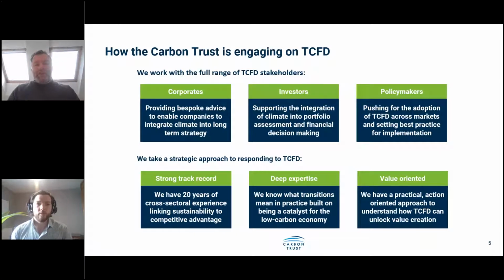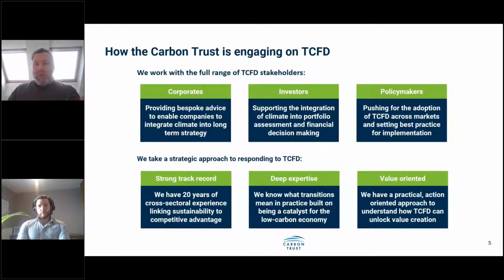In terms of why the Carbon Trust when it comes to TCFD, well, we work across the full range of stakeholders. We've been working with corporates for a number of years, providing bespoke advice in this area and really trying to help them navigate the benefits and mitigate the risks of TCFD. We're also working with investors and obviously policymakers.